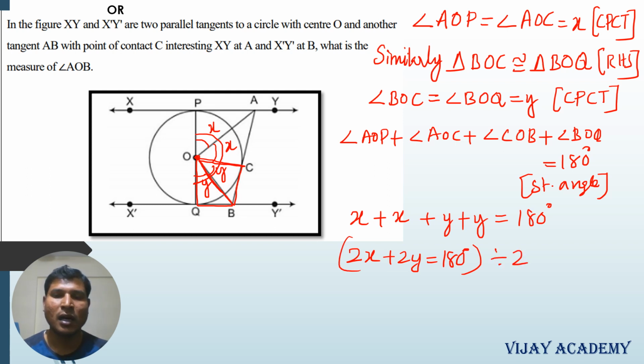Since all the terms of this equation have 2 as a common factor, we can divide the whole equation by 2, and now we get x plus y equals 90 degrees. Now look at the angle AOB. Angle AOB equals x plus y. So x plus y together is angle AOB in the figure. So I can replace x plus y by angle AOB. Now we know that angle AOB equals 90 degrees.